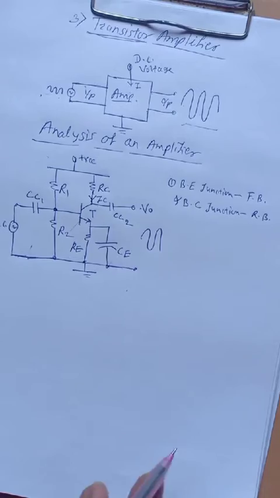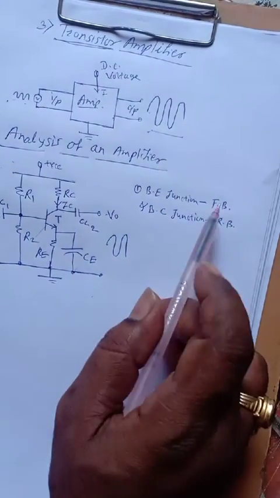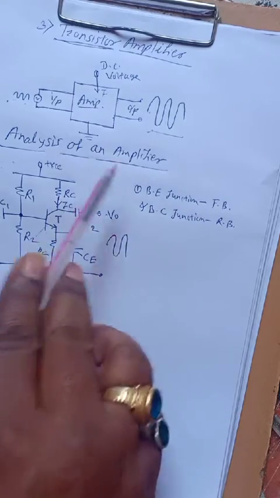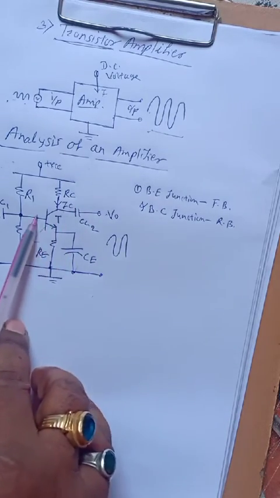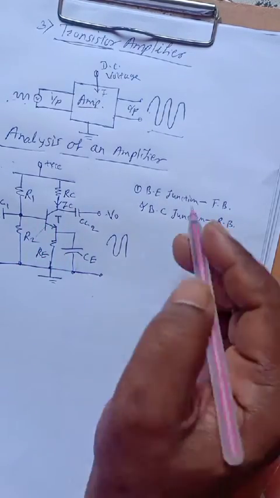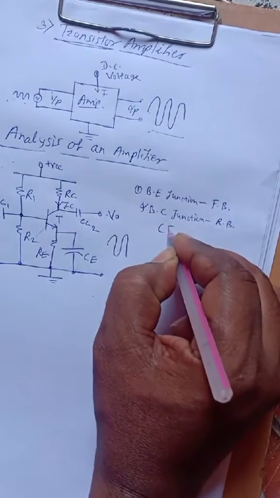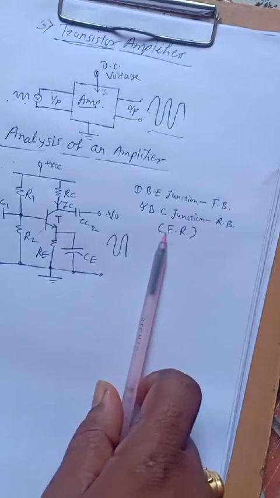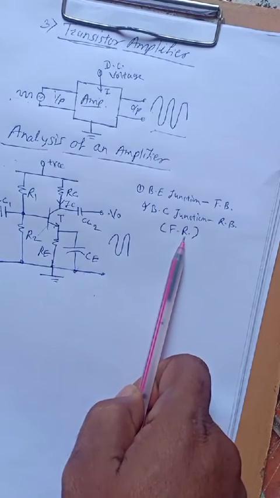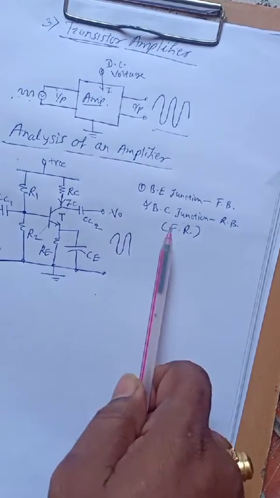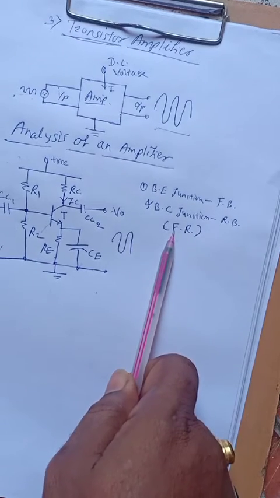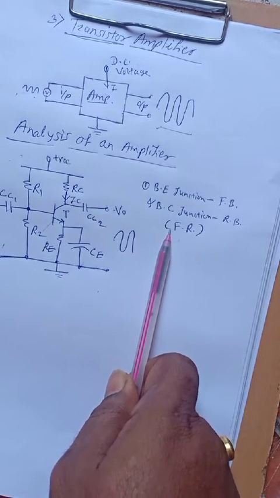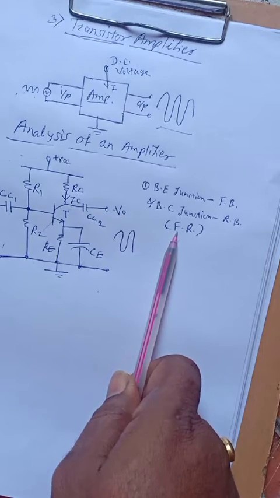We know these biasing conditions: FF, RR and FR. This is the FR condition. When the transistor is used as an amplifier, it should operate in the FR condition. The FR condition means the transistor operates in the active region. The RR condition means the transistor operates in the cutoff region. The FF condition means the transistor operates in the saturation region.